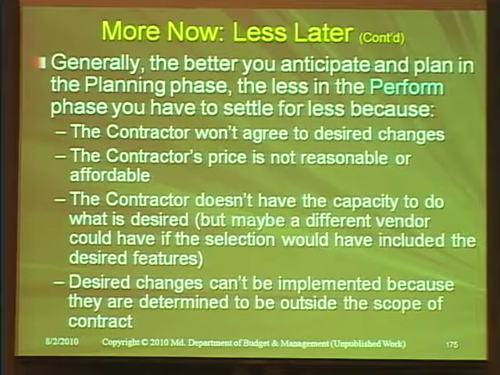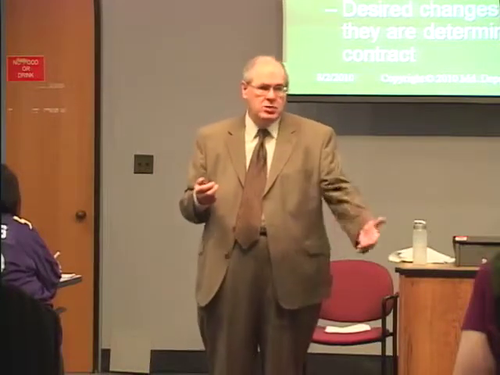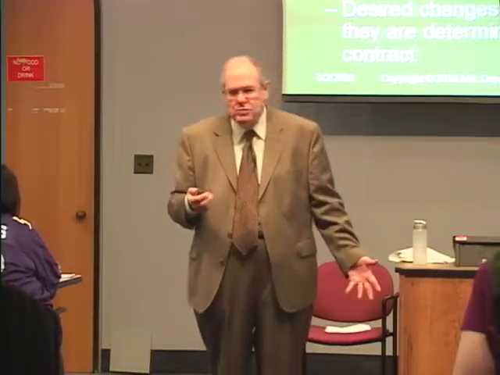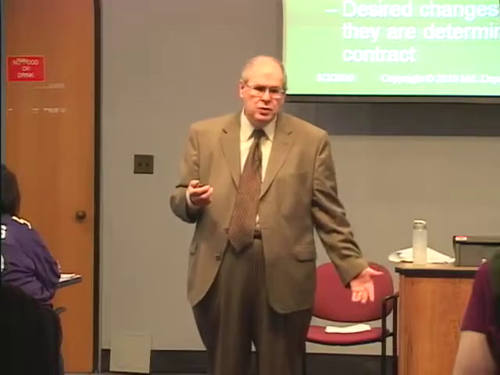When you come to them and say that you want something different, or that something is, from your standpoint, already included in what the vendor's supposed to do, and they tell you that wasn't in their price, and they're only going to do it for a higher price, how good is your contention that it's in the contract to begin with? Because if you're very confident that what you contracted for includes this, then you just tell the vendor to do it, and if they want to file a claim, they file a claim, and hopefully you'll win.